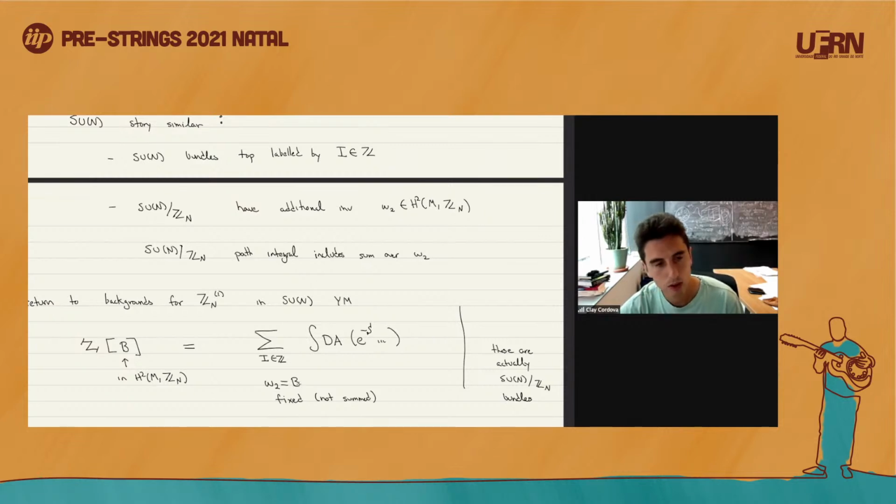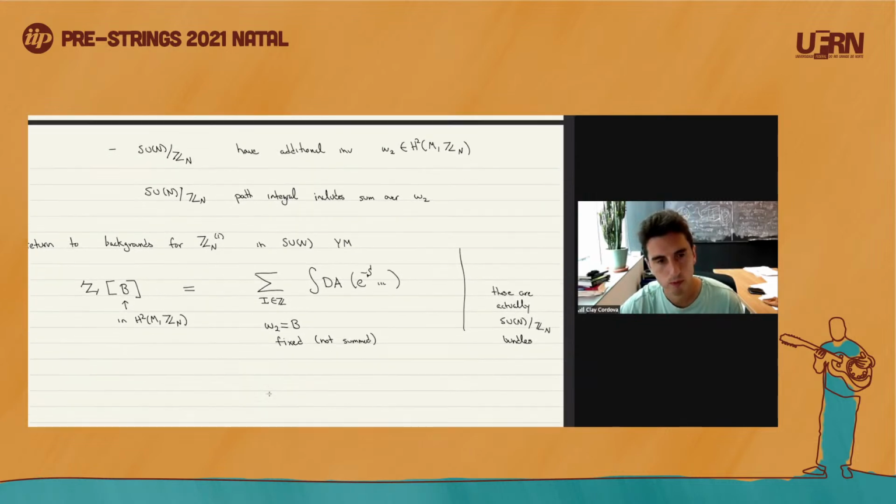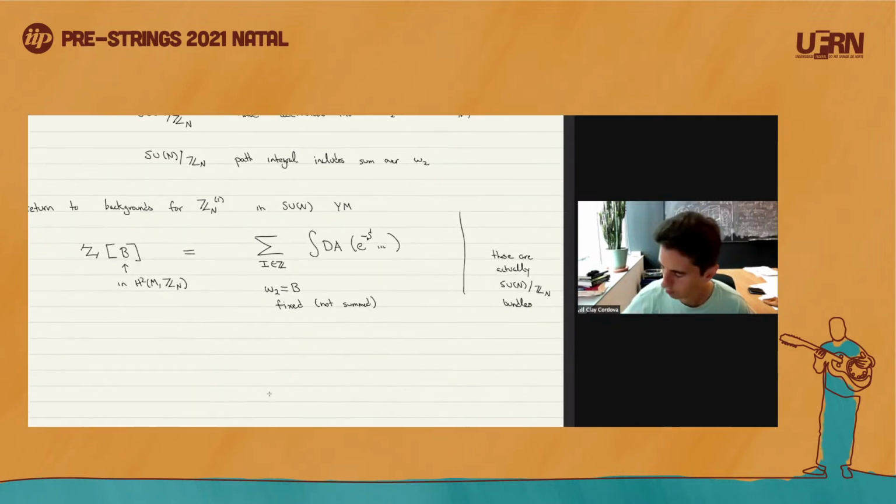So that was our signature that we were in bundles for this other group. But we're not summing over all of them. We still sum over the same number of them, just over I and Z, but not over w2. Any questions about this?